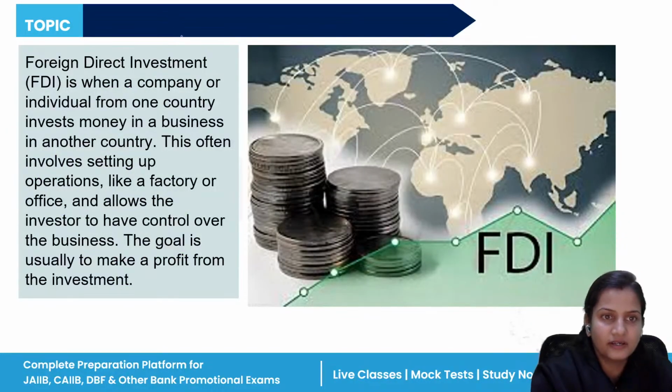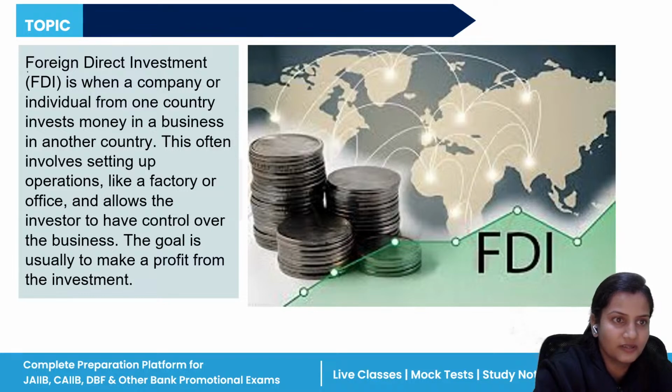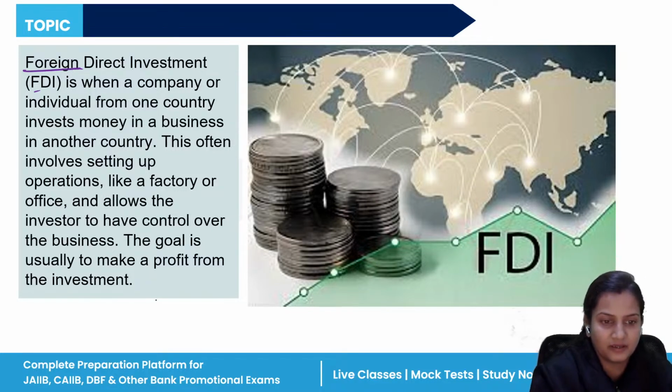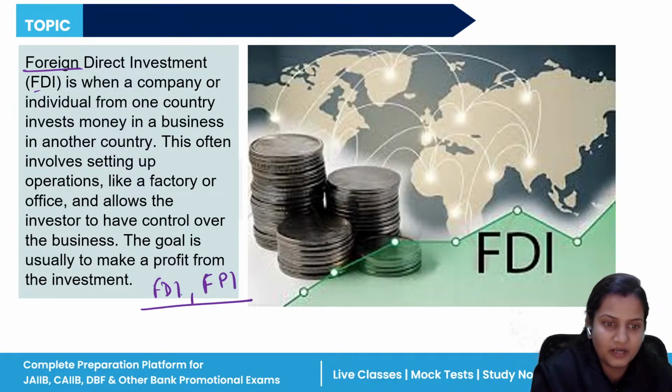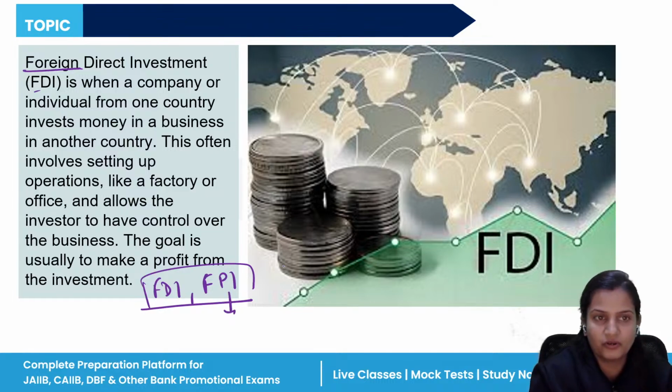Now, one term in our Module B, Unit 7, is Foreign Direct Investment, FDI. FDI consists of one more related word, that is FPI. It is similar to this word: foreign direct investment and foreign portfolio investment.